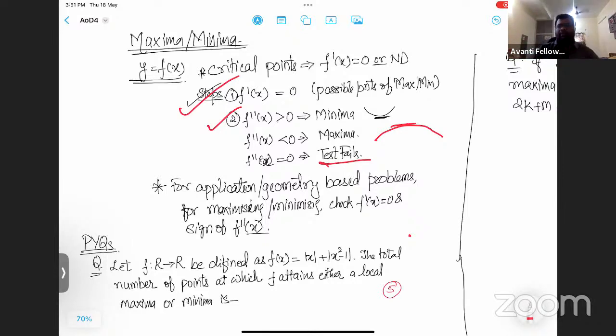Whenever a question asks for maximum area, volume, or length, or a function's maximum or minimum: Step 1, write the given information in functional form. Step 2, differentiate it, equate to 0. Step 3, check whether maximum or minimum values are asked. Clear? We'll do the questions and then this will get clear to everyone. So we'll straight away move to the questions now.